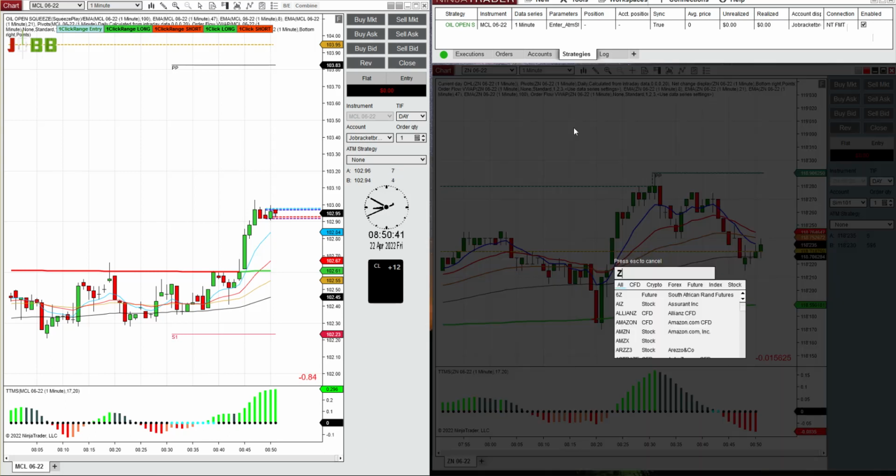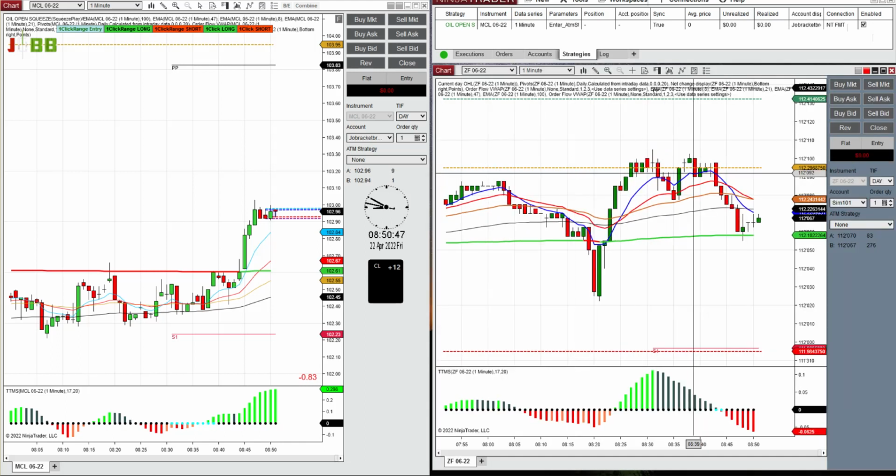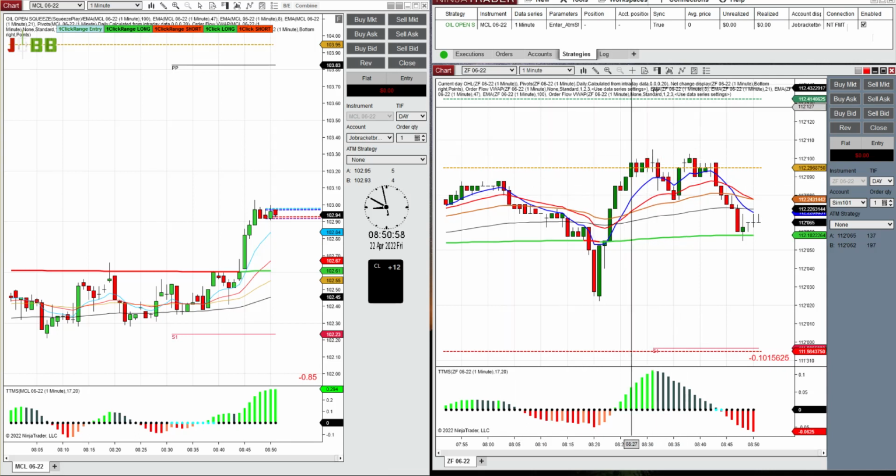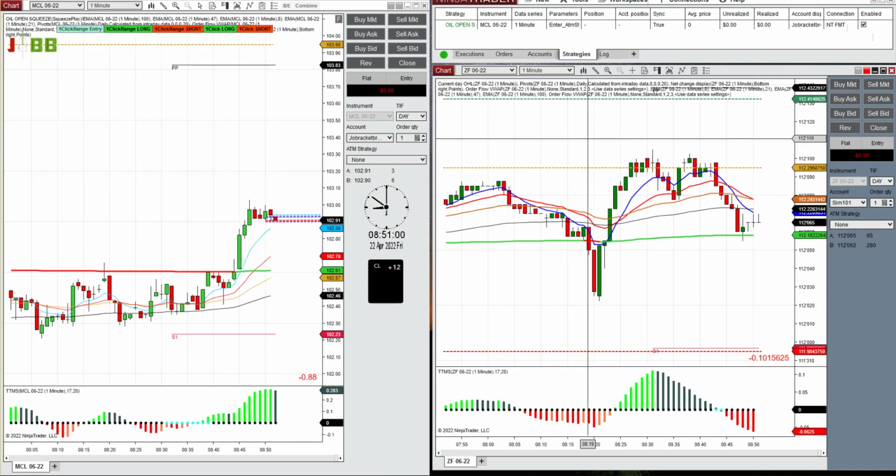And you could trade ZF, which is half of ZN. So you can get involved in bonds for pretty low risk, trading ZF if you want to.